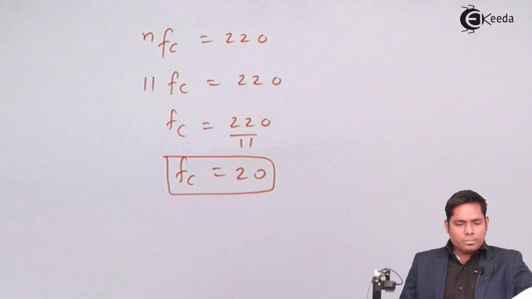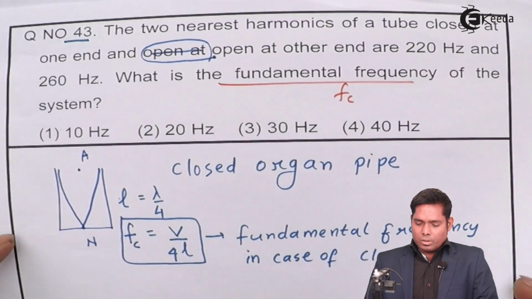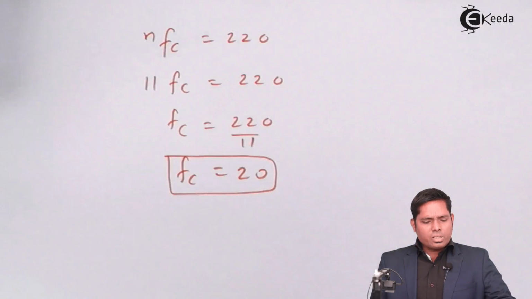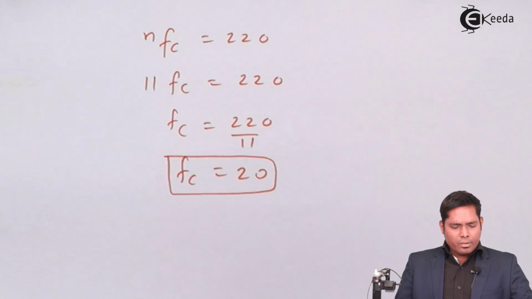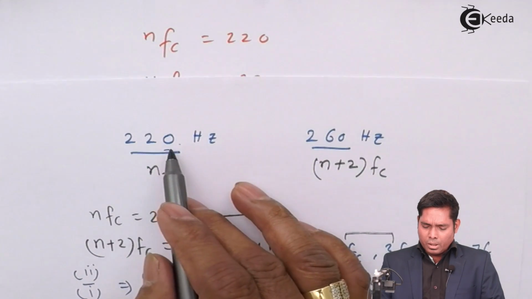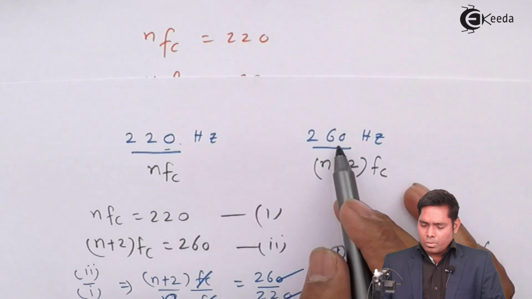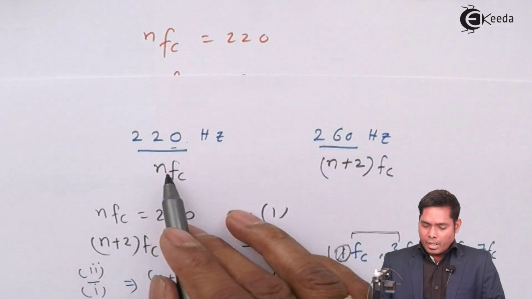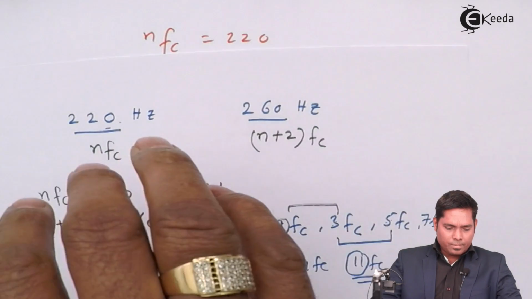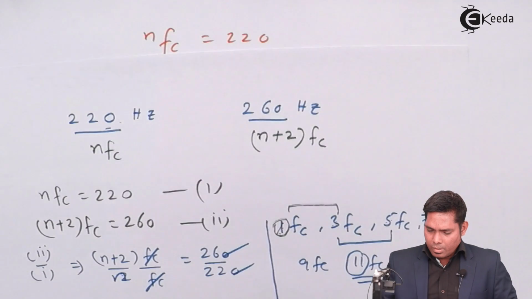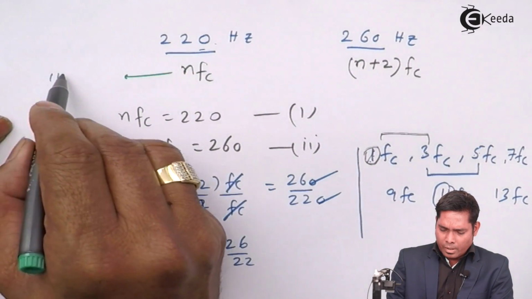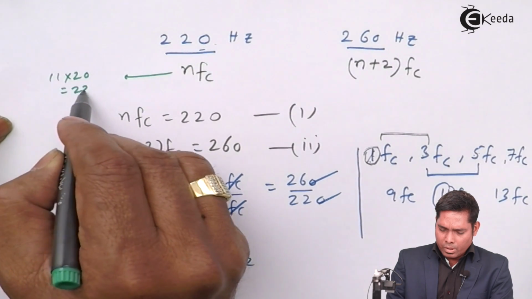Therefore, the answer to this question is option number 2. You can also check the conditions that were given: nFc should be 220 and n plus 2 times Fc should be 260. N is 11, Fc is 20, so nFc comes out to 220.